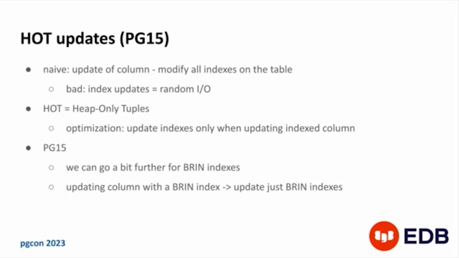Originally there were two levels: either you updated all indexes or no indexes. Now we have three. We can do no indexes, only summary indexes, which is BRIN, or all indexes.